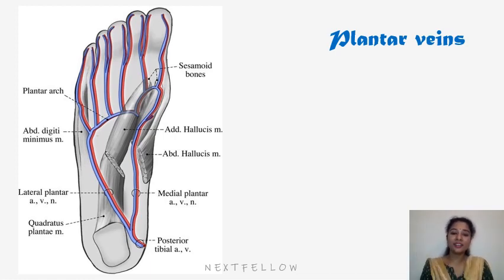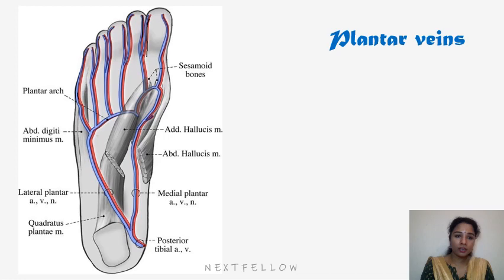So starting with the plantar veins. The plantar veins will start as plantar digital veins. We can see here dorsal and ventral plantar digital veins, which are called as dorsal digital veins and plantar digital veins. They connect and unite to form 4 plantar metatarsal veins.